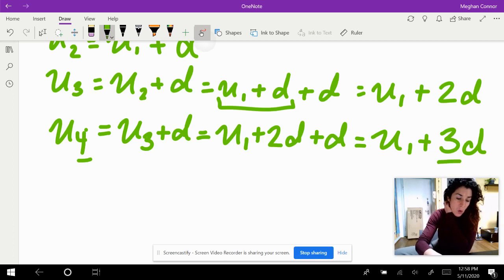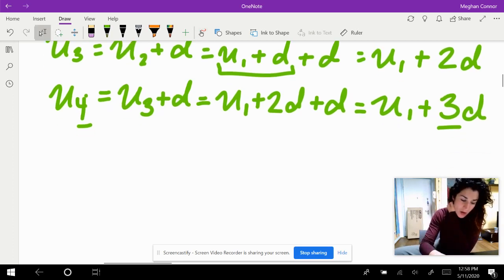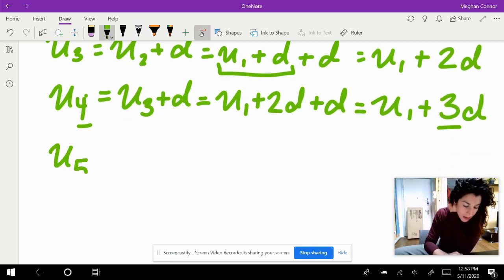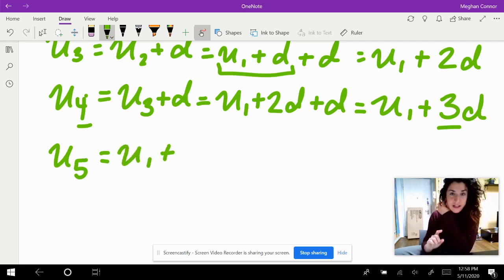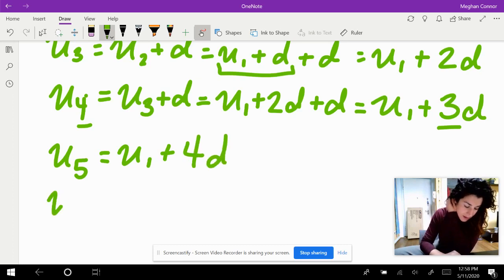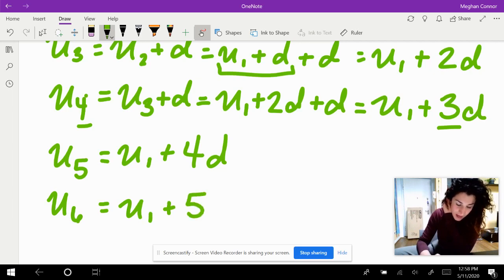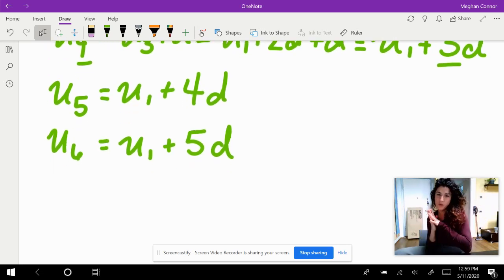That pattern will hold true for the next one as well. U sub 5 will be u sub 1 plus not 3d, but now 4d. U sub 6 is going to be u sub 1 plus 5d. And that is where your formula comes from.